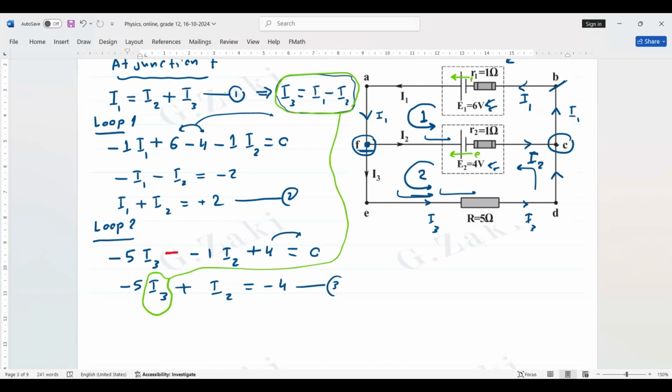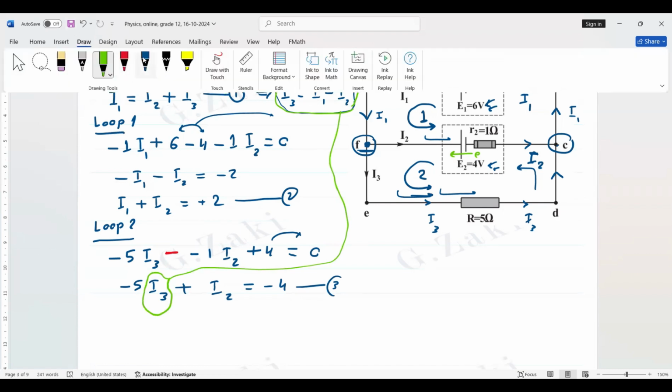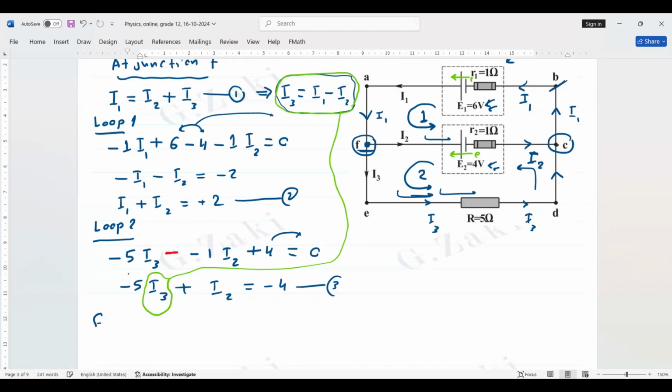Then substitute from equation 1 into equation 3. We write negative 5 open bracket I3, which is I1 minus I2, close bracket, plus I2 equals negative 4.